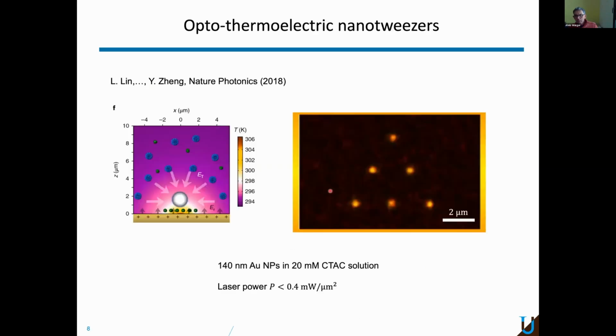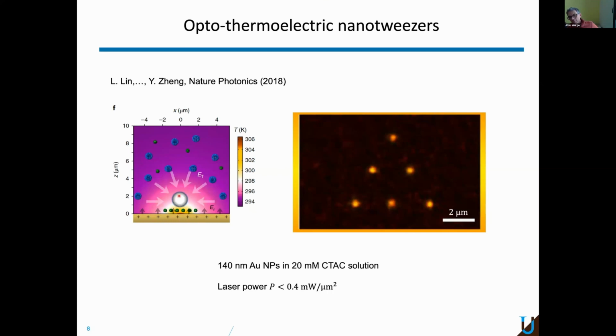There is another experiment I want to show by Yuebing Zheng from Austin in Texas. It's a similar thing to what you have just seen. They heat here a gold surface, which is a boundary of an electrolyte solution, and you heat locally here. That means you accumulate charges here, which are chlorine ions. The corresponding CTA ions, they form micelles, are in the bulk, and so you have an electric field which points inward towards this hotspot here.